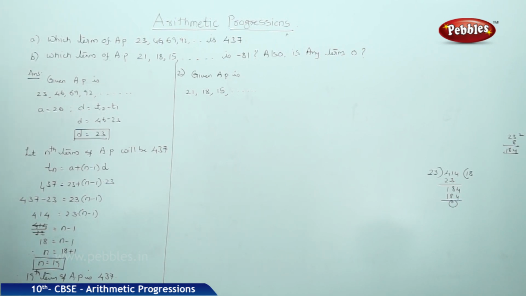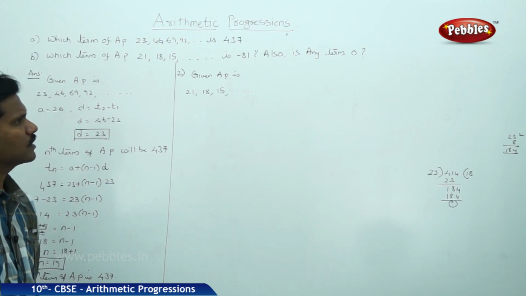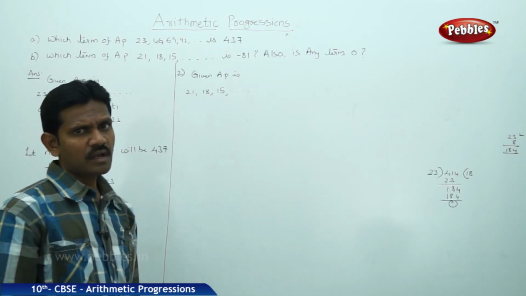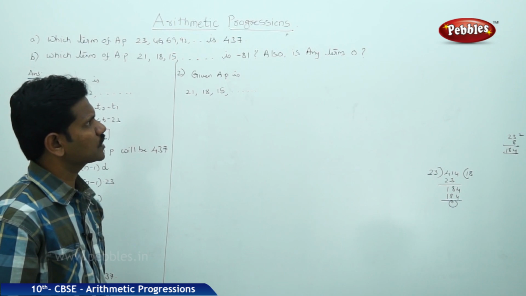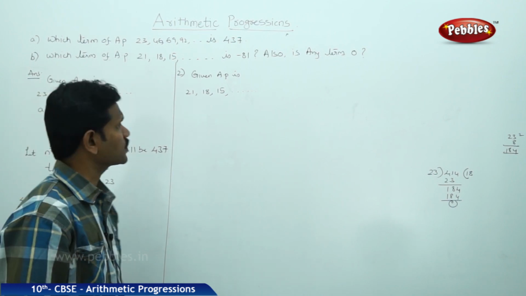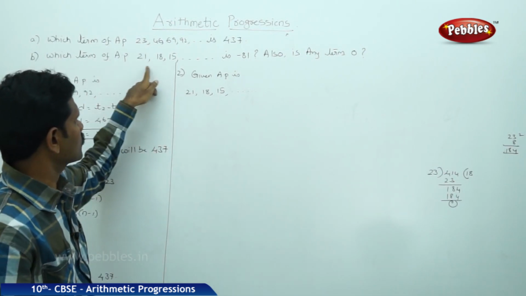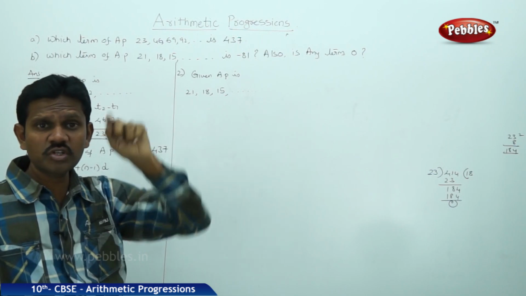Which term of AP 21, 18, 15 and so on is minus 81? And a connected question is, is any term 0? That means if you continue this sequence, at any place will you get the number 0?